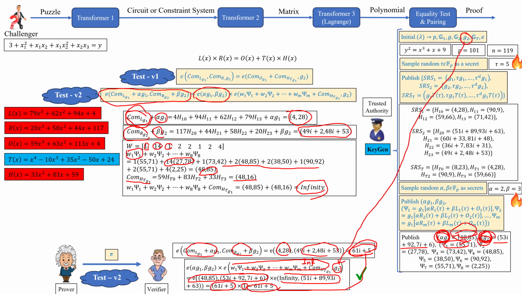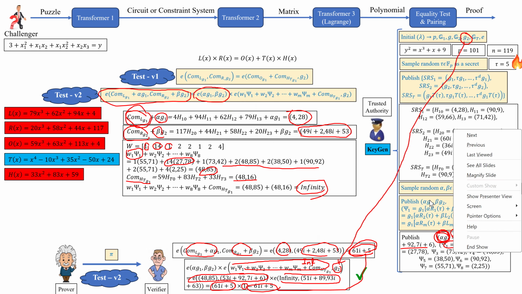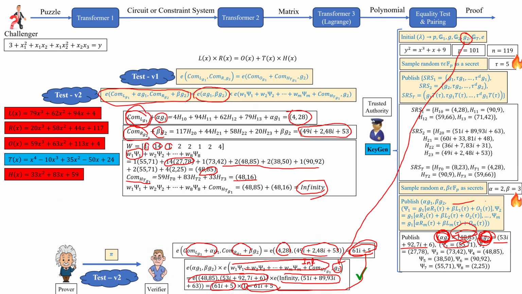So the left side and the right side are equal to each other, and then the verifier is convinced that the prover really knows the knowledge, and also that the prover followed the circuit, right? Because test version 2 considers the properties, the architecture of the circuit, like R, L, and O. They are polynomials that describe the architecture of the circuit, right?